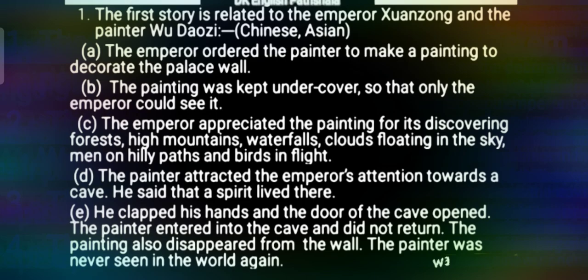Point number D, that is the painter attracted the emperor's attention towards a cave. He said that a spirit lived there. The point number D is about the attraction of the painter. He attracted the emperor's attention towards a cave.